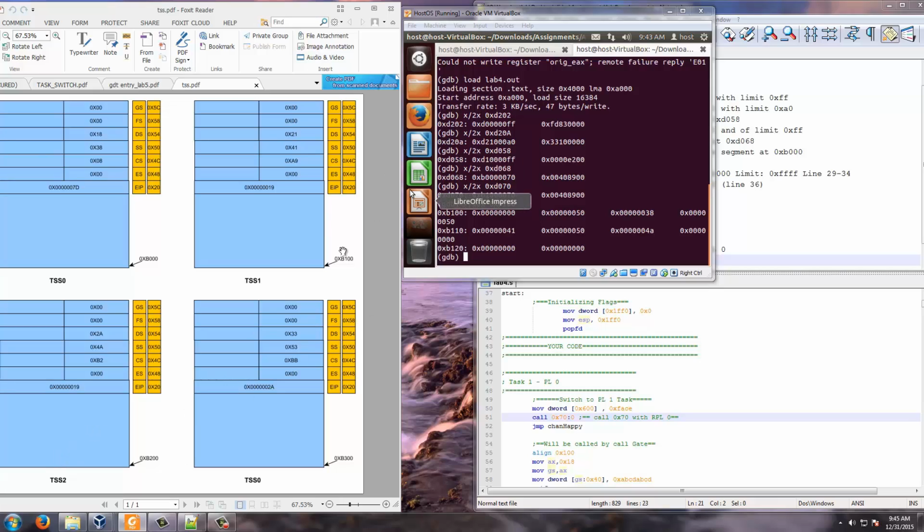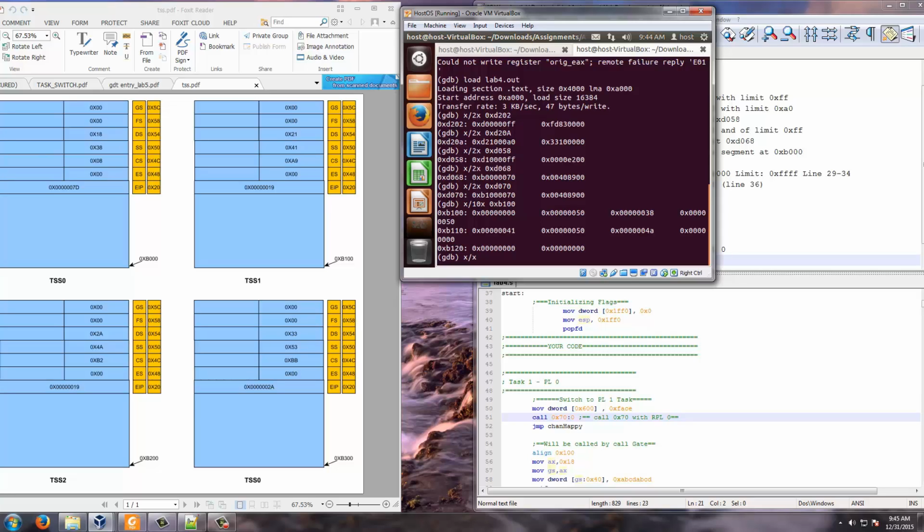Let us very quickly look into what is there at B100. Your EIP should be at B120, because when I start executing, I should start with the EIP here. This is how the task switch happens.